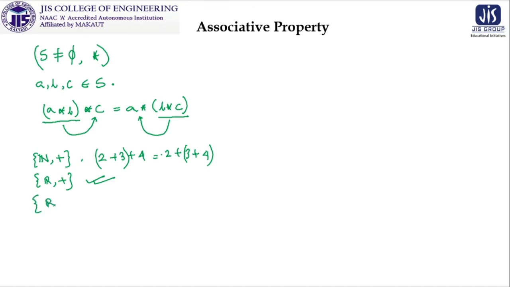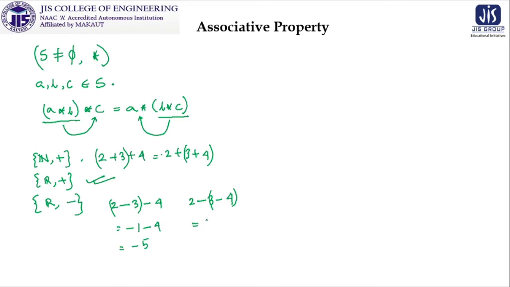But if you take the set of real numbers and subtraction, then what is the case? Suppose these are all real numbers 2, 3, 4. So if I take 2 minus 3 minus 4 and here 2 minus 3 minus 4, and the brackets are in this position, what we are getting? 2 minus 3 is minus 1, minus 4, that is minus 5.